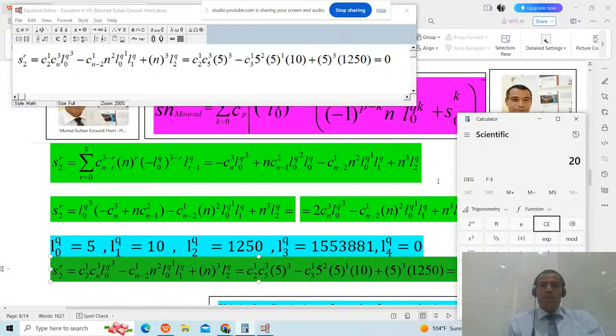I write 20 times 5 cubed is 125, minus combination 3 choose 1 is 3 times 5 squared times 5 is 125 times 10, plus 5 cubed is 125 times 1250, like that. So this one is equal to 0.